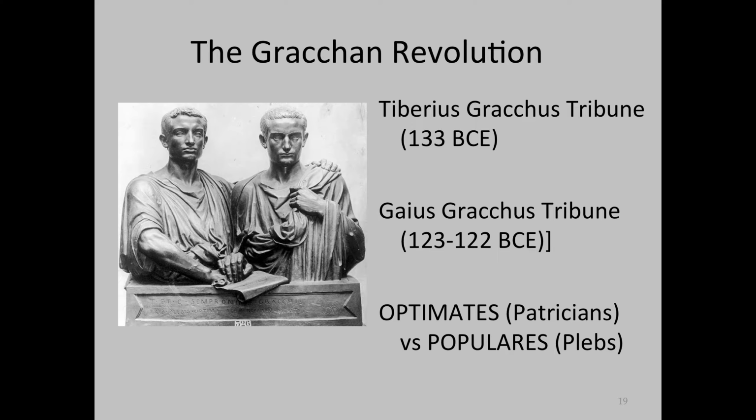This never would be passed during his lifetime. So he is appealing to a broader spectrum of interests than his brother: equestrians, urban poor, and the Italian allies. But he too would follow the violent death of his brother. He would be forced out of office in 122 BCE.